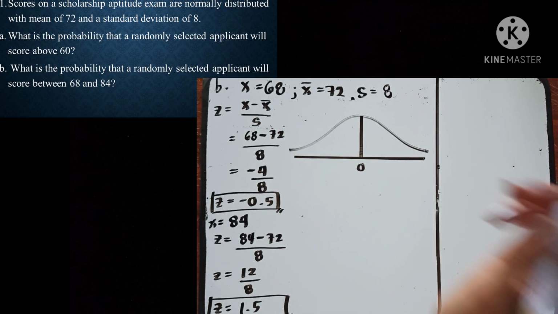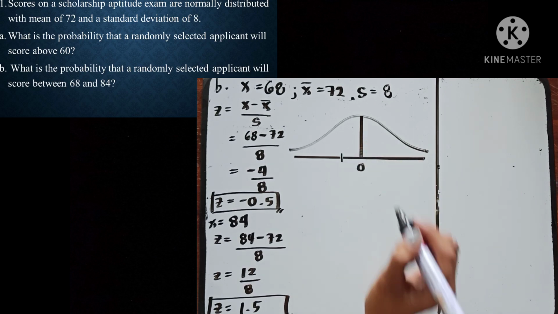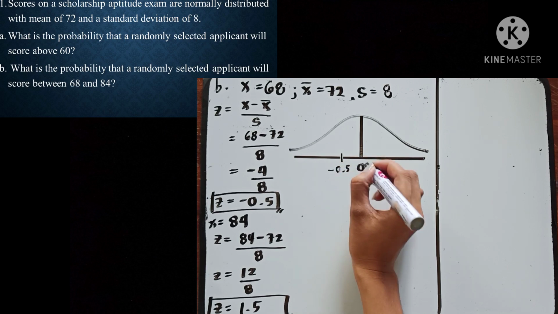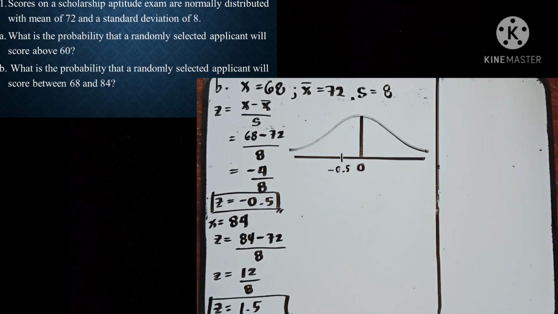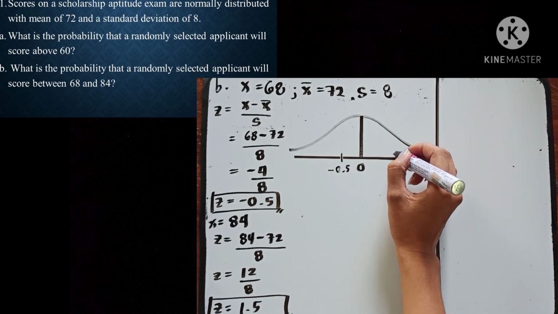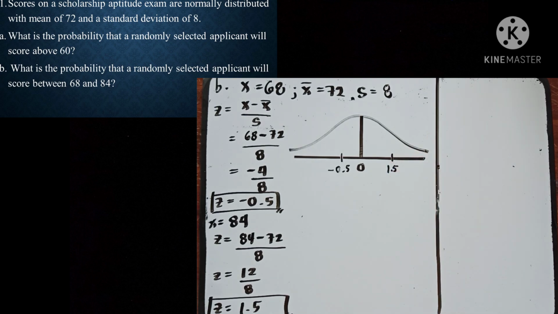So, si negative 0.5, since that is a negative number, then, nandito siya sa kaliwa, okay? So, negative 0.5. Malapit sa 0. And yung isa pang z-score natin or standard score is positive 1.5. So, since this is positive, nandito siya sa kanan. So, 1.5. Okay?